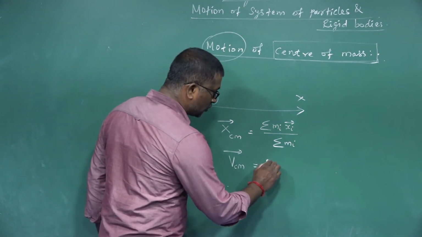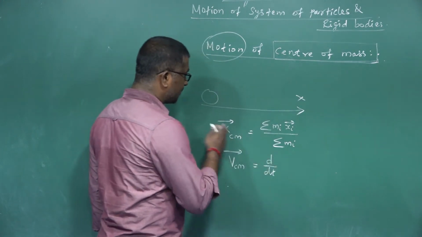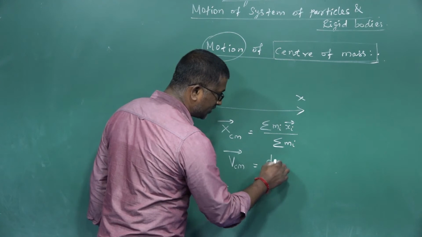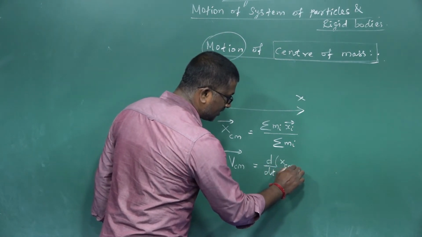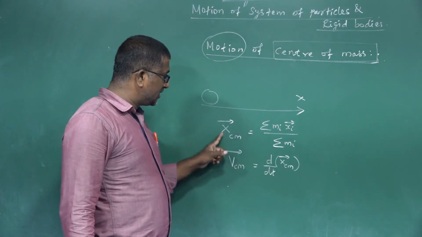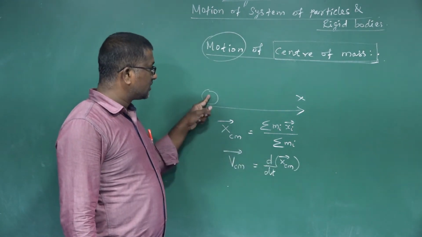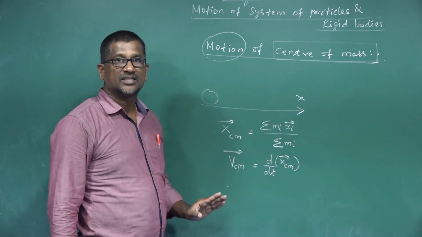Which is equal to the first derivative of the position vector of center of mass, that is d divided by dt of x_cm vector. By differentiating this x_cm vector only one time, that gives the velocity of the center of mass along the positive x-axis direction.